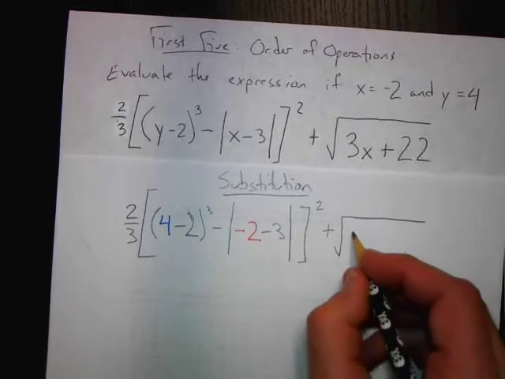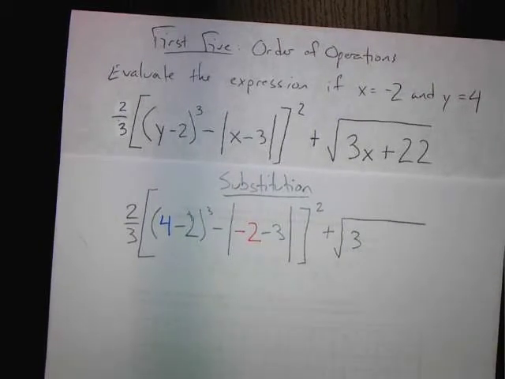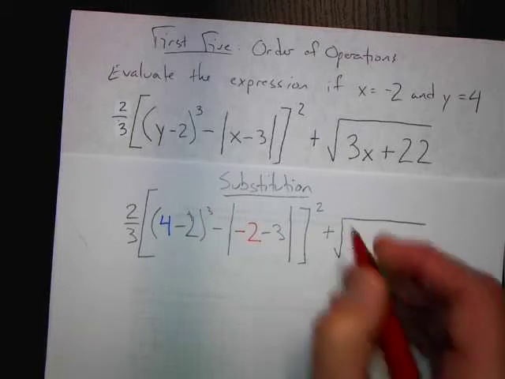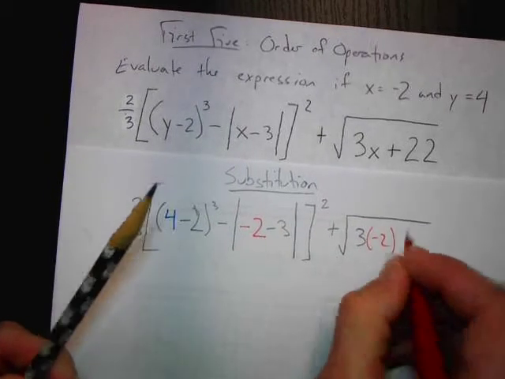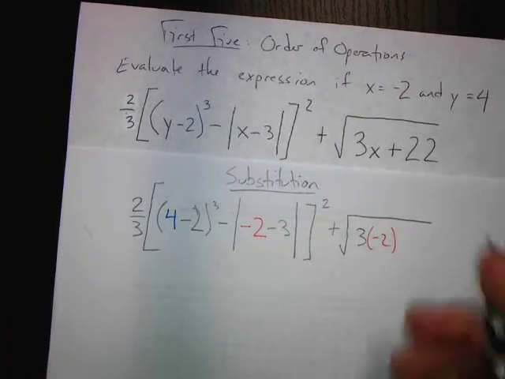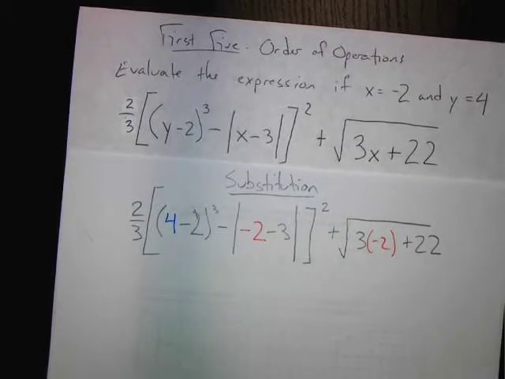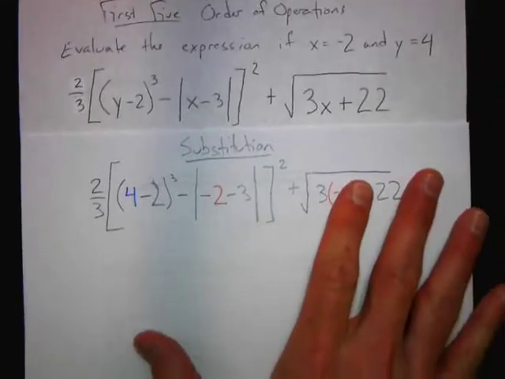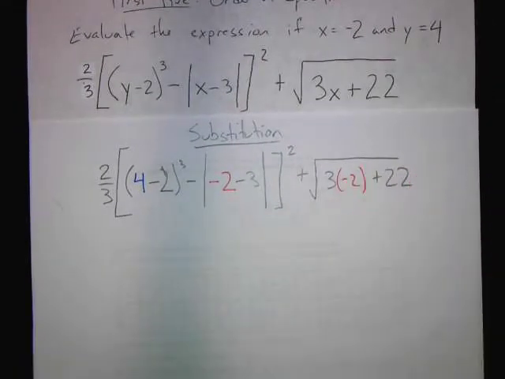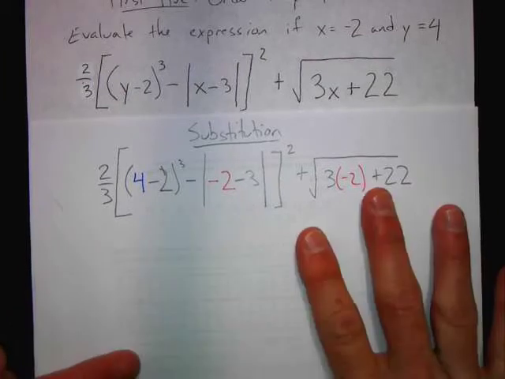Then we have 3, but instead of 3 times x, we're going to have 3 times negative 2, and then the plus 22 stays the same. So that whole concept was the substitution piece.